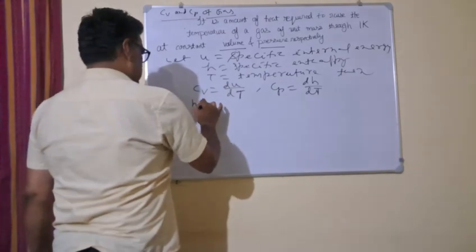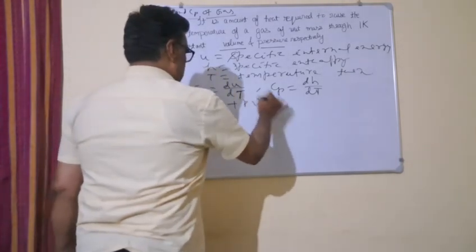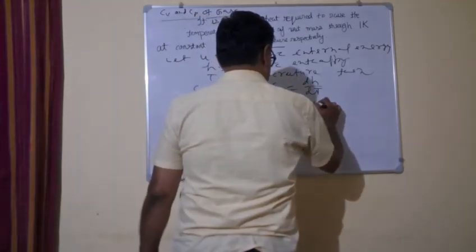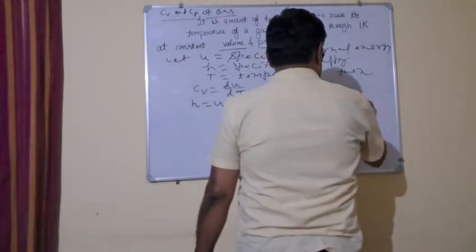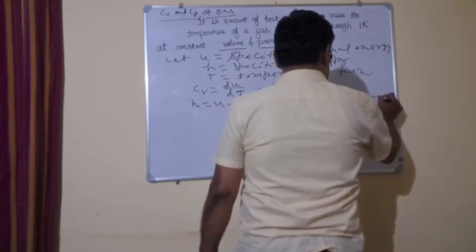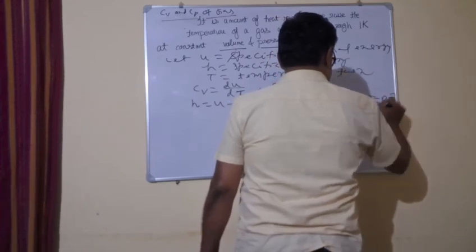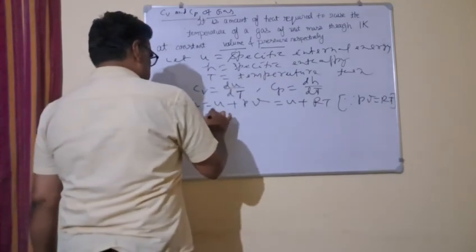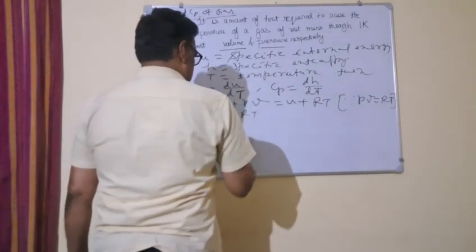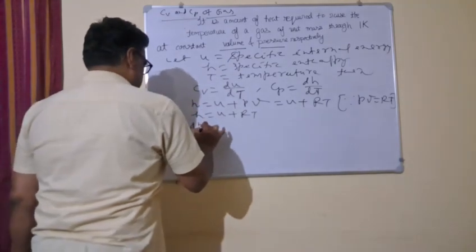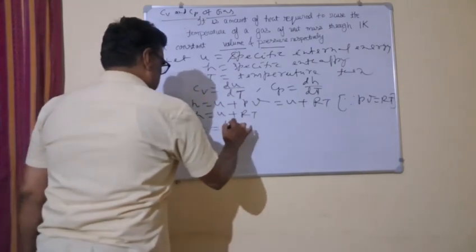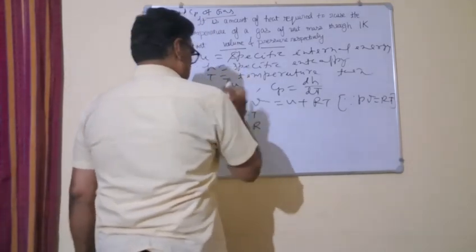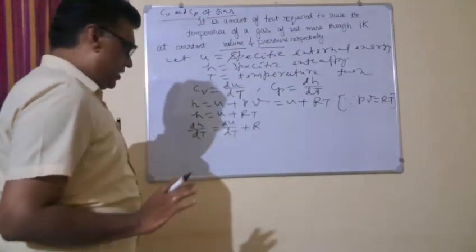You know that h equal to u plus Pv, and this can be equal to u plus RT, since Pv is equal to RT from the gas law. So now you got the equation h equal to u plus RT. If you differentiate it, it becomes dh upon dt equal to du upon dt plus R, because differentiation of t with respect to t becomes 1.